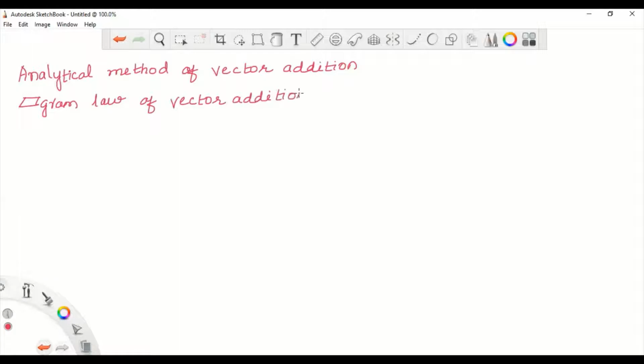Now let us consider two vectors, A vector and B vector, inclined to each other at an angle theta. Let us consider OP, which is our A vector, and OQ be the other vector, B vector.